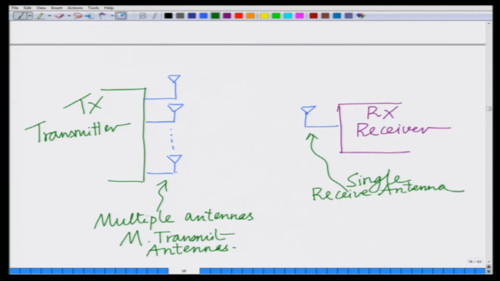For instance, we can consider a simple scenario where this system is something like a base station: your transmitter is a base station and the receiver is simply your mobile or mobile station. The transmitter is basically larger in size, so it can have multiple antennas.